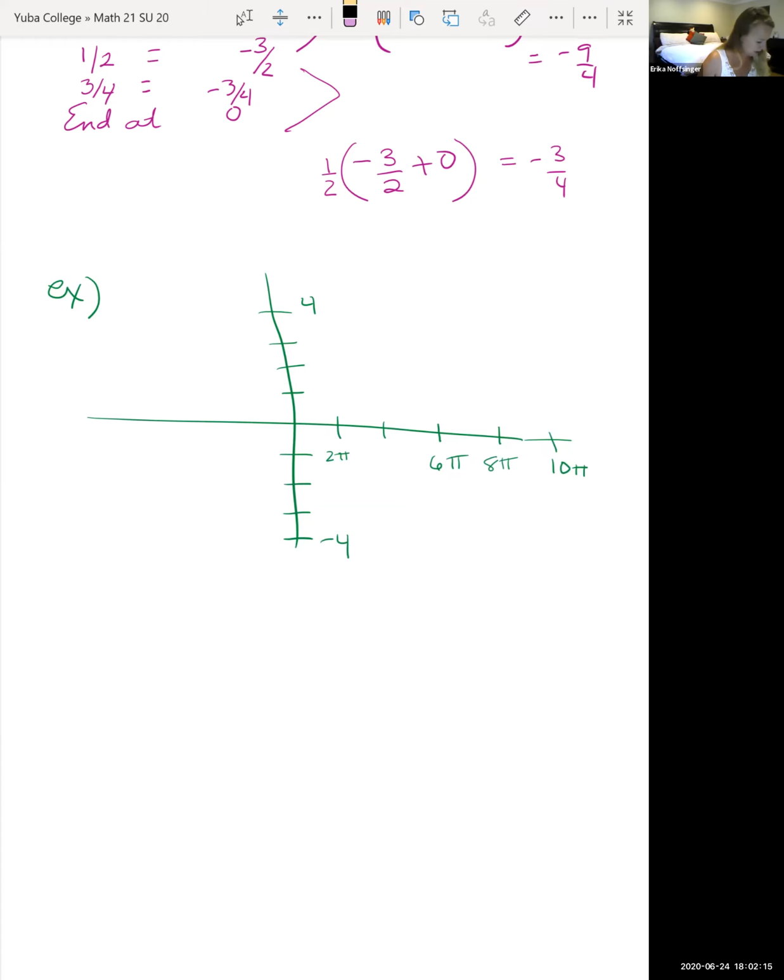We're on the origin. We're going upwards. At 2 pi, we hit 4. Come back down. At 4 pi, we hit the x-axis. At 6 pi, you're hitting -4. 8 pi, back up to the x-axis. 10 pi is at 4.